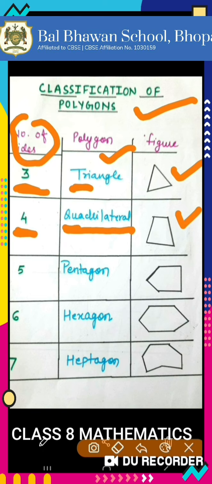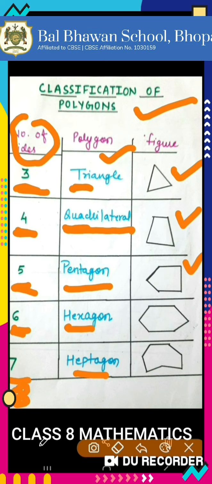Here quad means 4. Right? Now the next figure is made up of 5 line segments and its name is pentagon. Just like this, if any polygon has 6 sides, it is called a hexagon. If it has 7 sides, it is called a heptagon. Just like this, we can name a polygon on the basis of number of sides.